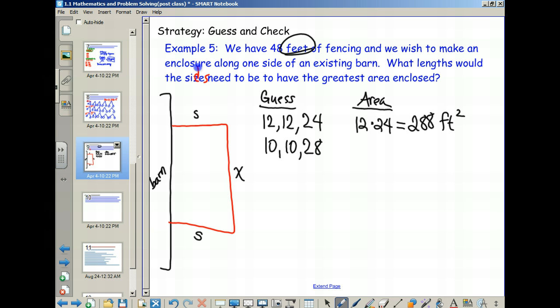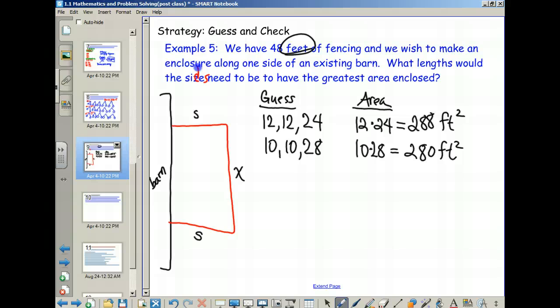Alrighty, so then I would take 10 times 28, and I would get 280. Right, so the question to yourself is, which one's winning? Right now, the 12, 12, 24 is winning, right? That one's doing better. So, I need another guess.